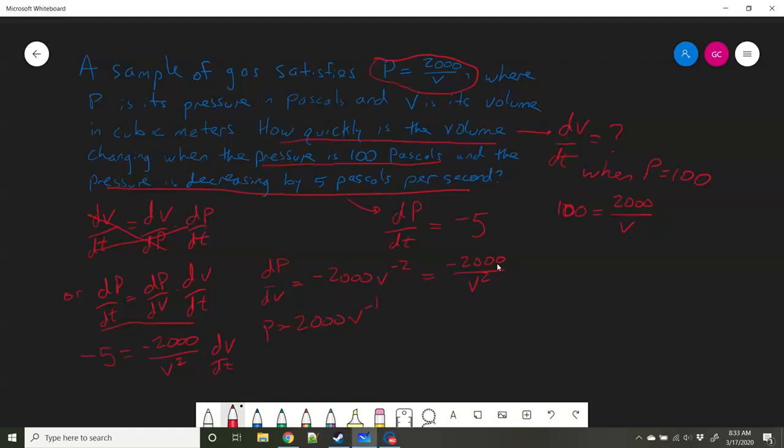And if I multiply both sides by V and divide both sides by 100, that's equivalent to saying that V is 2000 divided by 100. So in this case, 20. So now I can just plug that in over here. So negative 5 is negative 2000 divided by 20 squared times dV/dt. Well, 20 squared is 400.